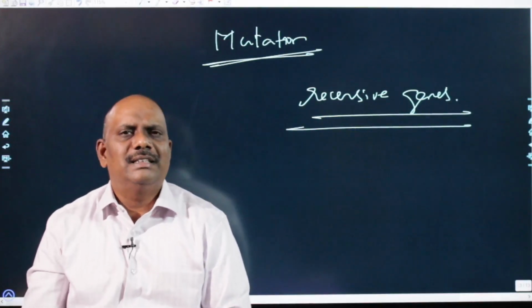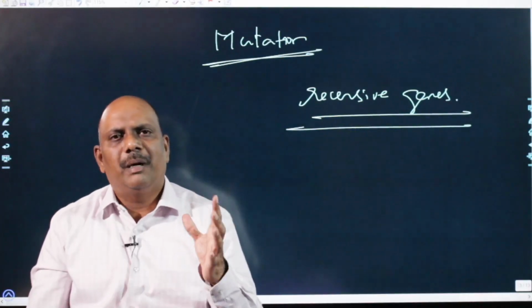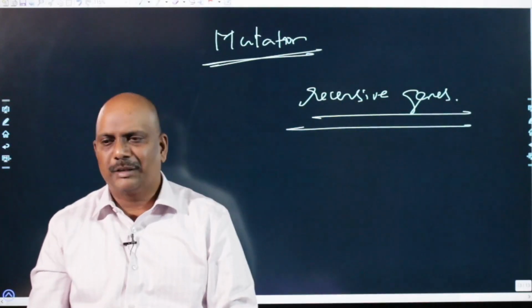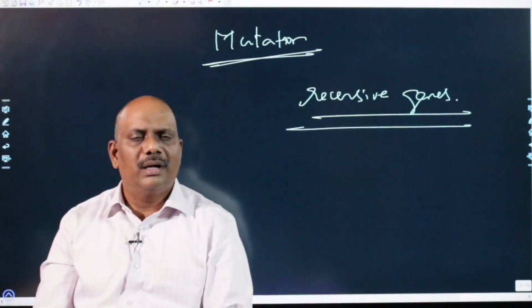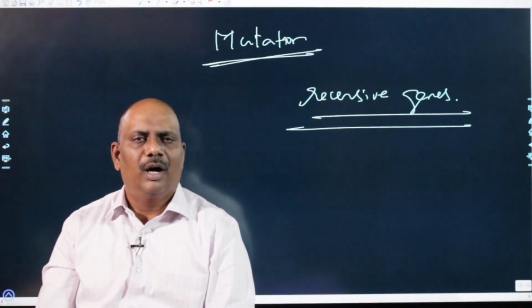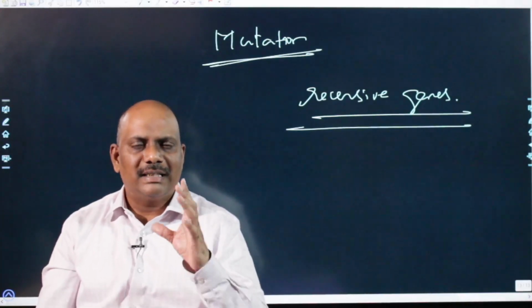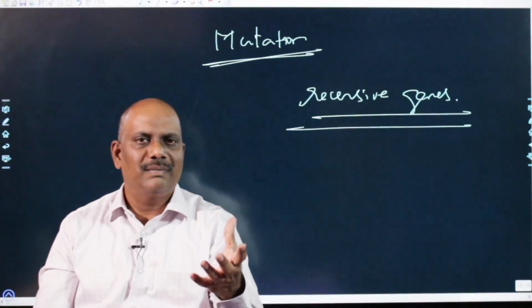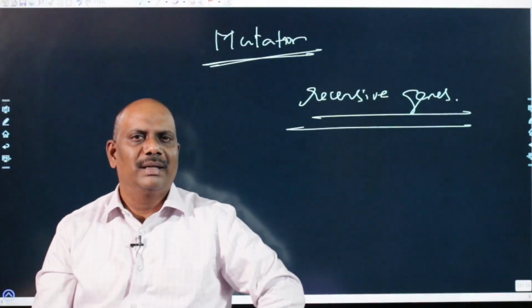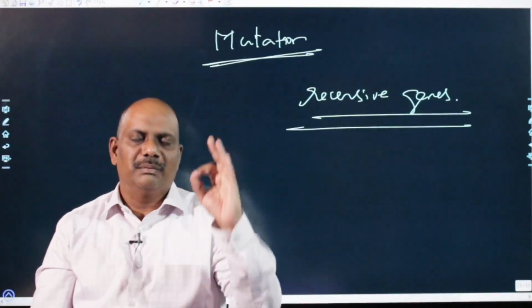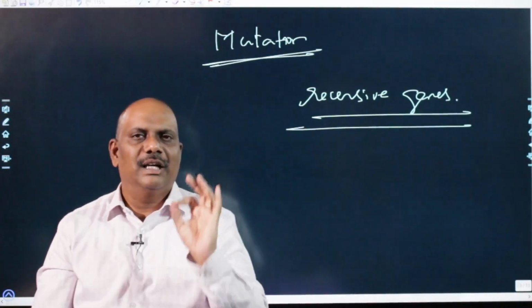The recessive genes may continue in a population without getting expressed, and only when one pairs up with a similar recessive gene will it express. This particular thing, from starting till end, we'll discuss in anthropology.